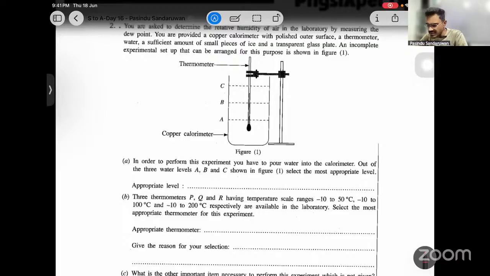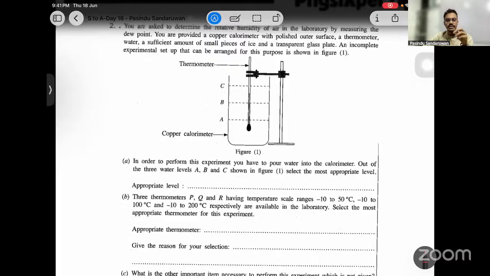A is less. Now for this one also we are filling it up to 2H over 3, usually 2H over 3, or it can be a little bit below 2H over 3. Should be more than half. And C is too high because we are going to dissolve ice inside this.